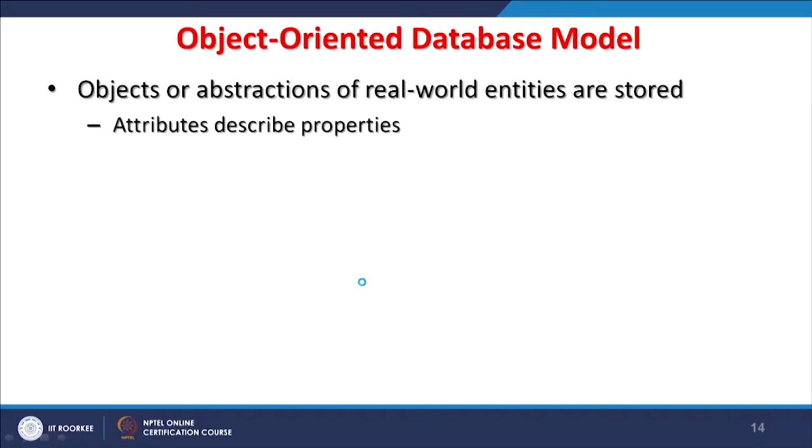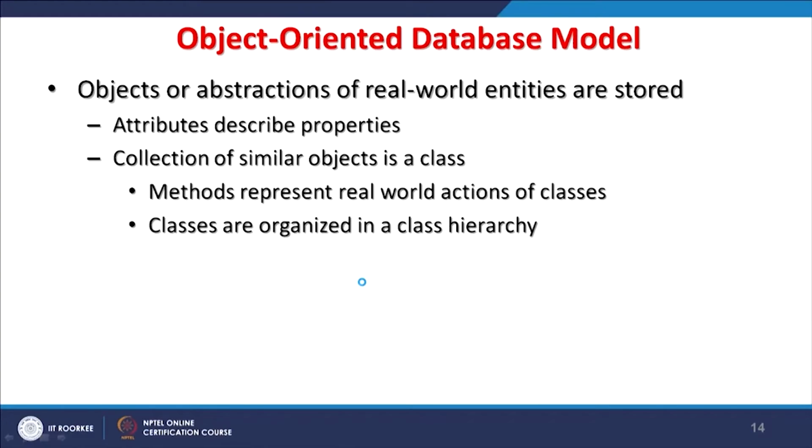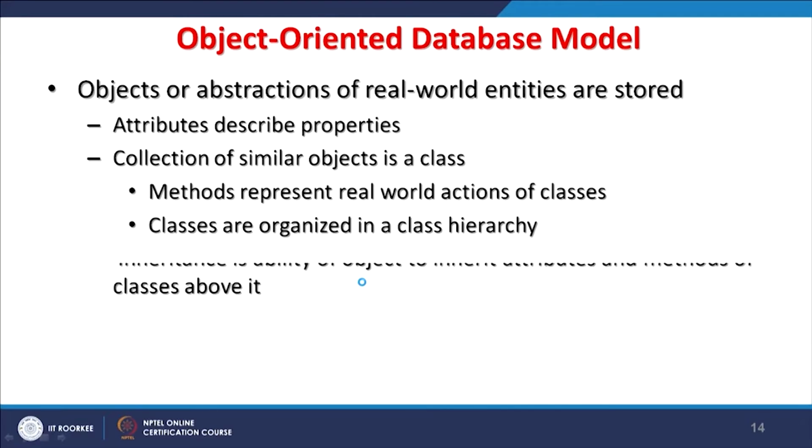Whether it is raster or vector, the attributes describe what phenomena or information it is, and it is a collection of similar objects in a class. Methods represent real world actions of classes, and classes are organized in a class hierarchy. In the object oriented database model, this is how things are done.